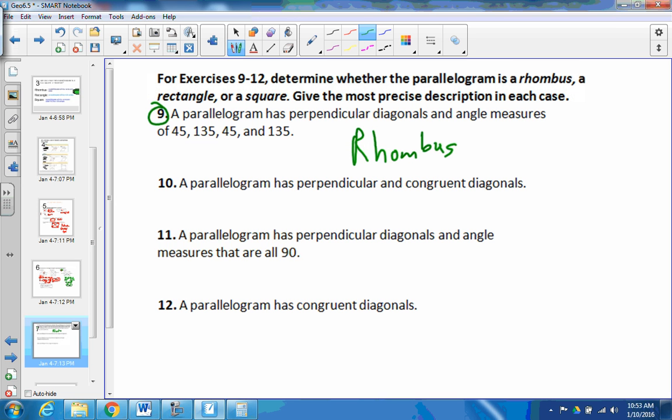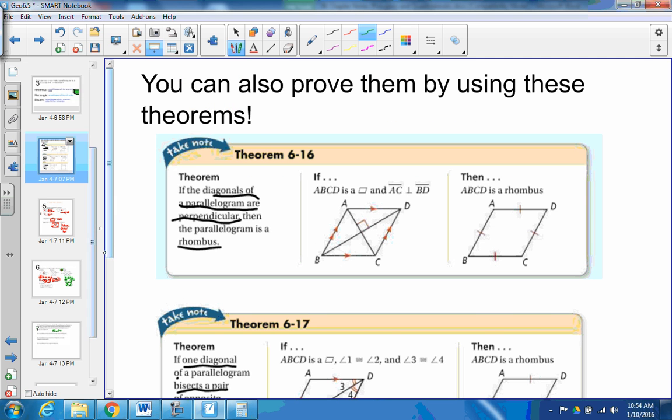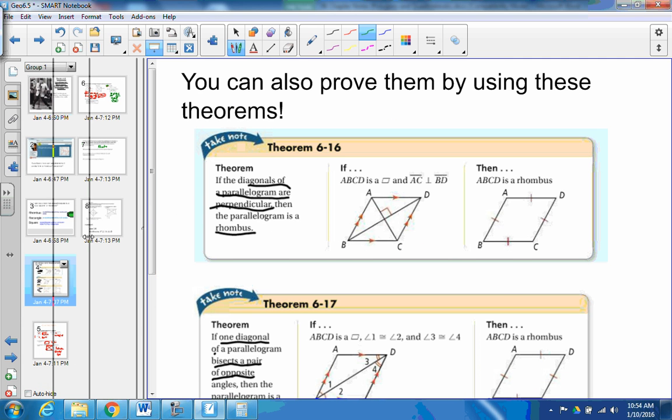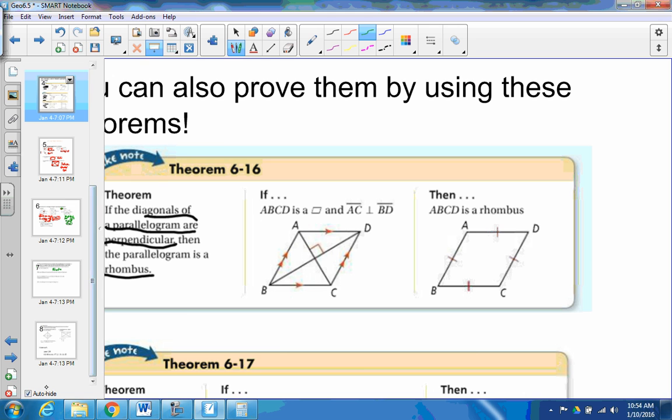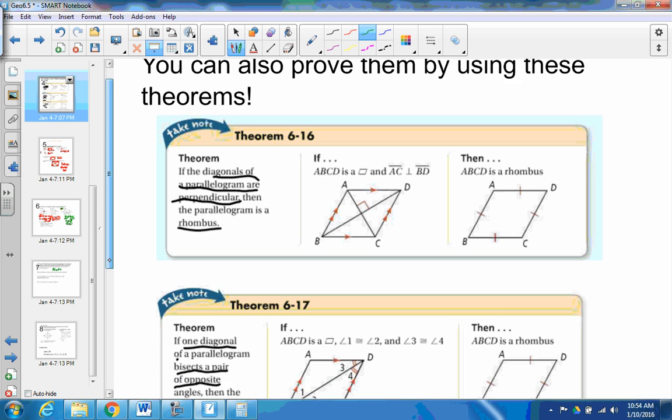A parallelogram has perpendicular and congruent diagonals. So the perpendicular diagonals mean that it's a rhombus. Congruent diagonals would mean that it's also a rectangle. So what type of parallelogram is a rectangle and a rhombus? Well, that would of course be a square.